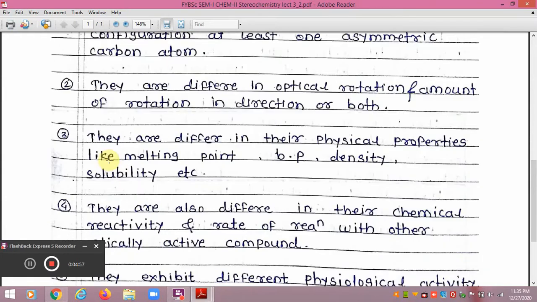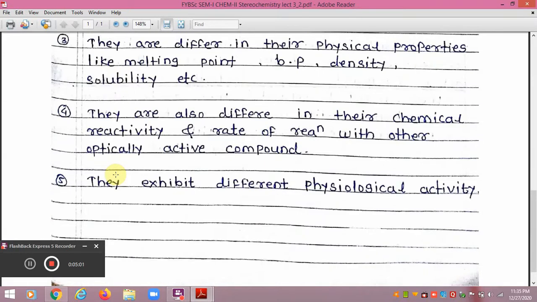They differ in their physical properties like melting point, boiling point, density, solubility, etc. They also differ in their chemical reactivity and rate of reaction with other optically active compounds. And importantly, they exhibit different physiological activity. So this is a very important thing regarding diastereomers.